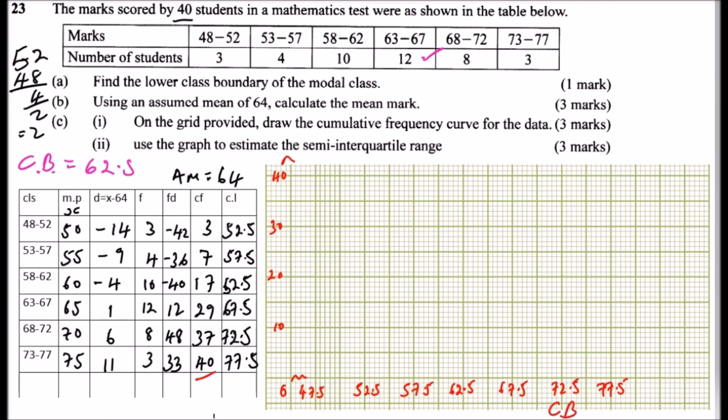We can change that label to upper class boundary. So from there we now plot our graph.